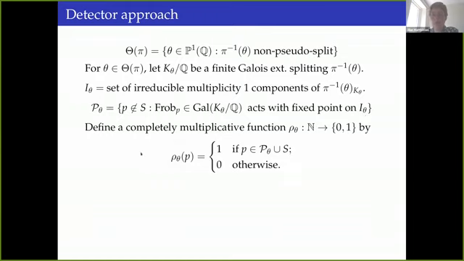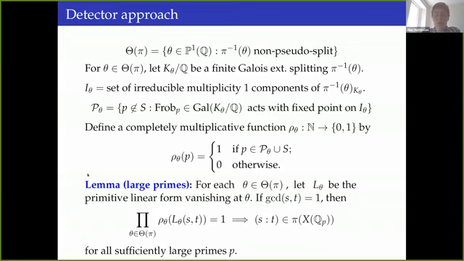So you construct a multiplicative function that encodes some algebraic properties. And with a choice of such a function, where you have one such function for each base point of a fiber that is non-pseudo-split, you then arrive at the following property.